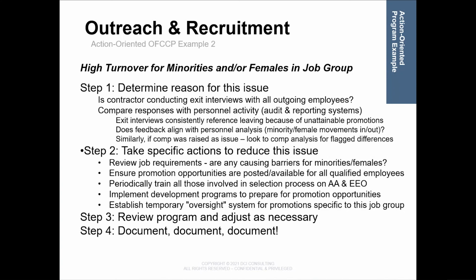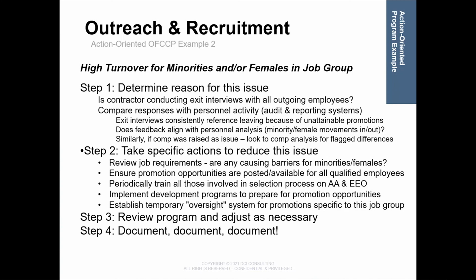So again, we've identified high turnover for females. We looked at the reason for the issue in the contractor's company audit and reporting system using personnel activity and also looking at exit interviews.